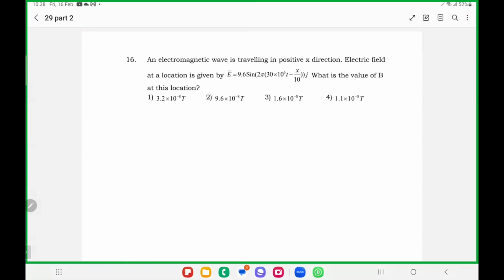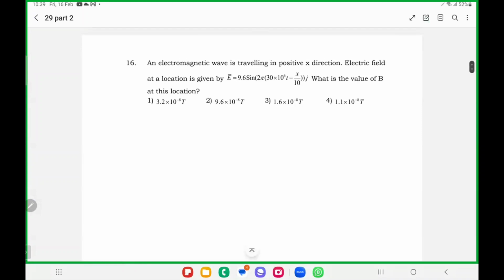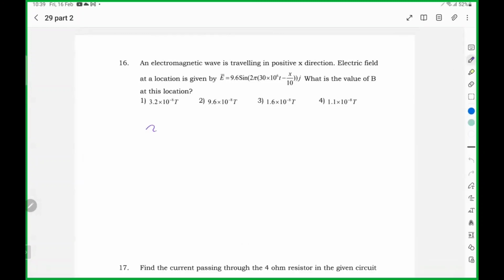Electromagnetic wave is traveling in a positive x direction. So here is given the electric field vector.